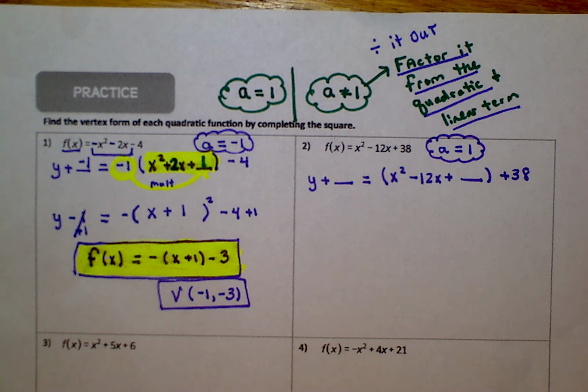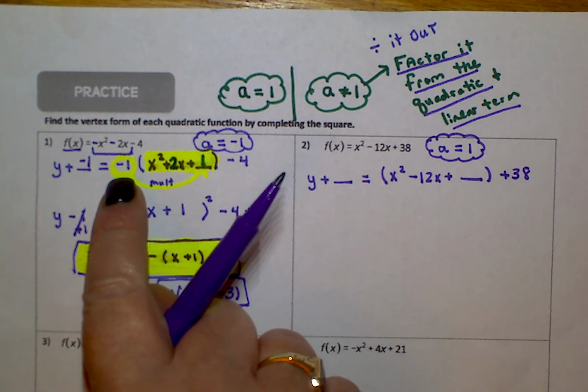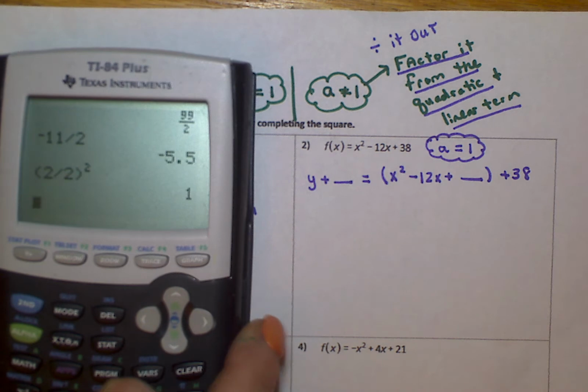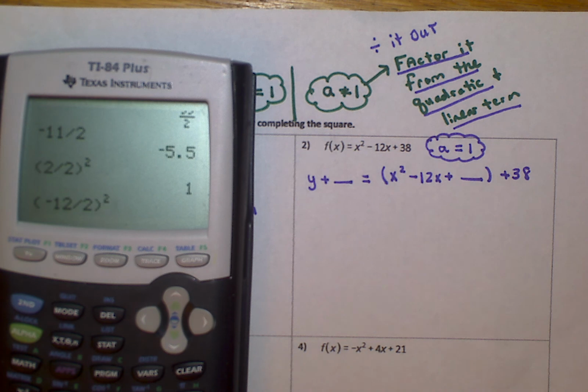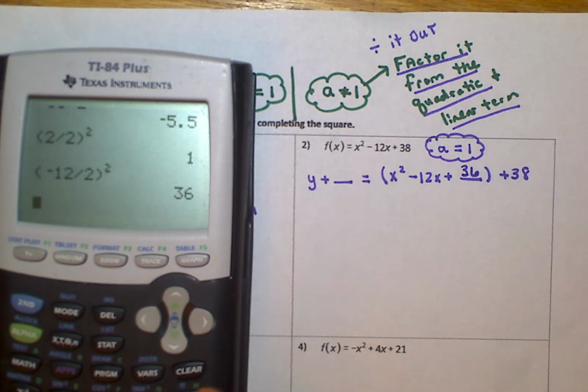If it's not equal to 1, that's when you have to divide that number out from those first two terms. Okay, so we're going to take half of negative 12 and square it. Go ahead and see if you can get that number. That would give us a 36.